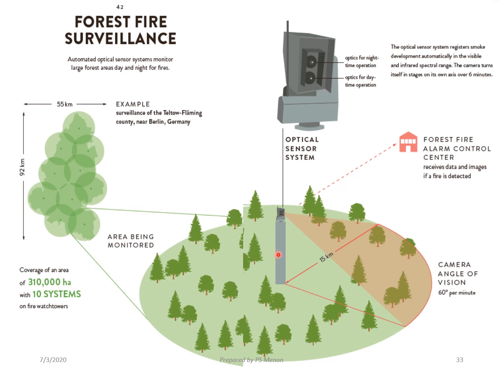This is the angle of vision, 15 kilometers and 60 degrees range. Once smoke is detected, the Forest Fire Alarm Control Center receives the data and the image. So lasers and detectors are also used for forest fire surveillance to check whether there's fire in a big forest.